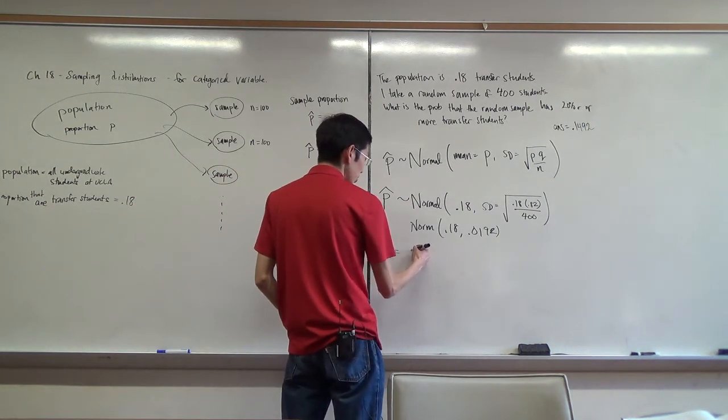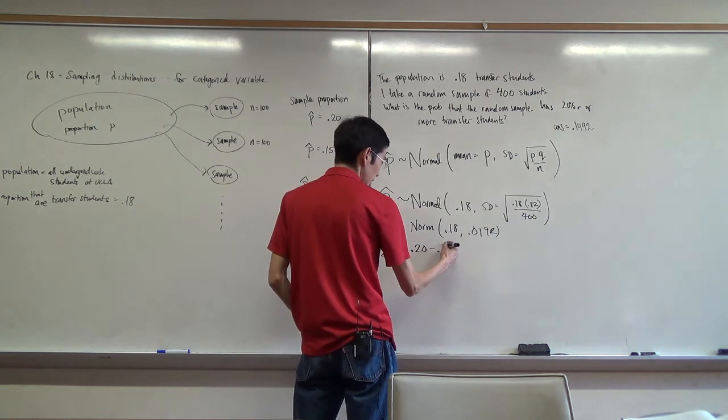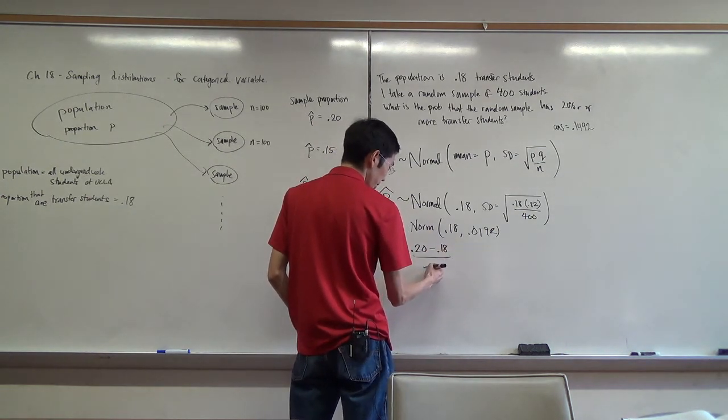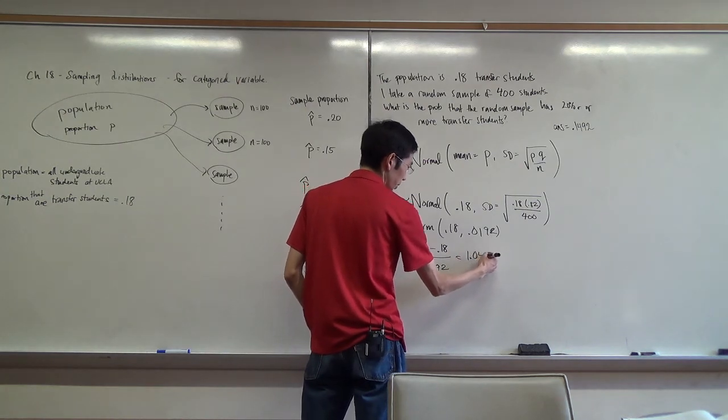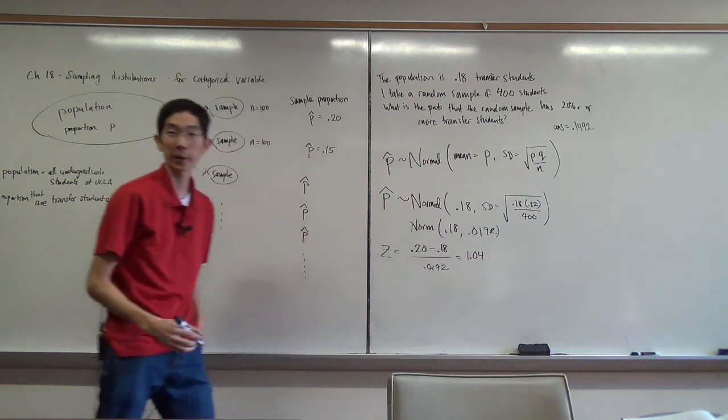So I find a z-score: 20% minus 18% divided by 0.0192, and I get a z-score of 1.04.